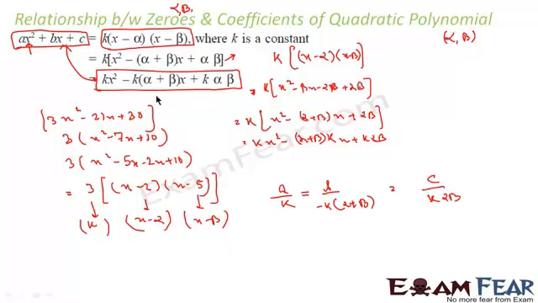Since the equations are same, I'm saying the ratios of the coefficients of x square, x, and the constant are the same. Correct?